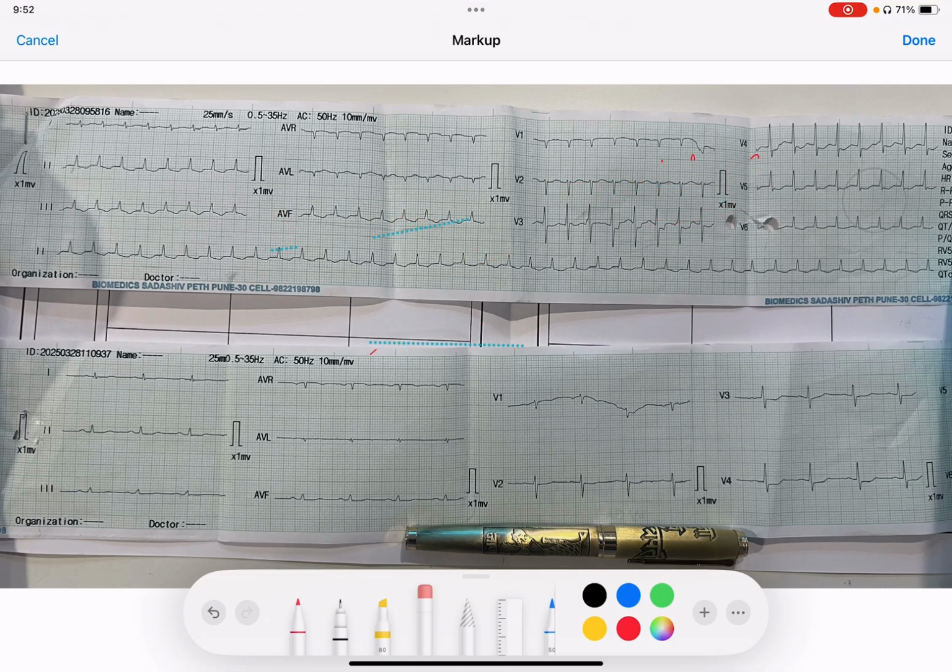It can also be repeated after 10 to 15 minutes if SVT doesn't revert back, or we can continue the infusion of amiodarone. The dosage for that is 1 milligram per kilogram for 6 hours and then 0.5 milligram per kilogram for the remaining 18 hours.